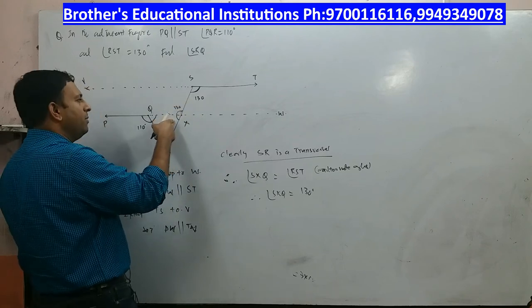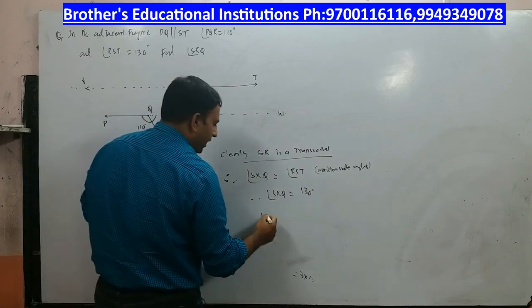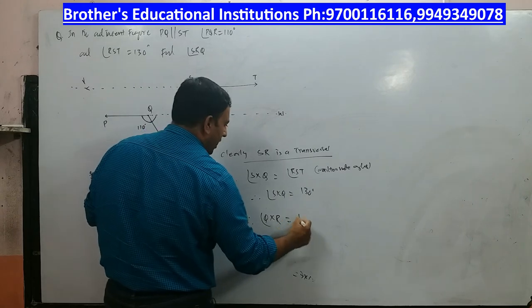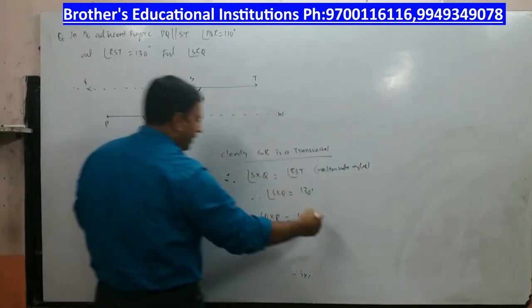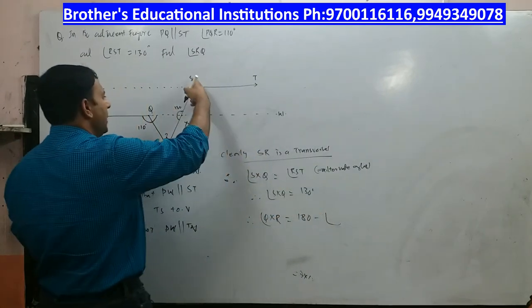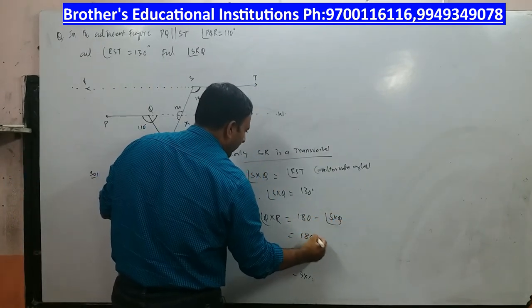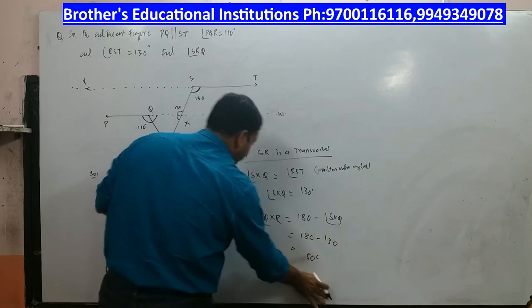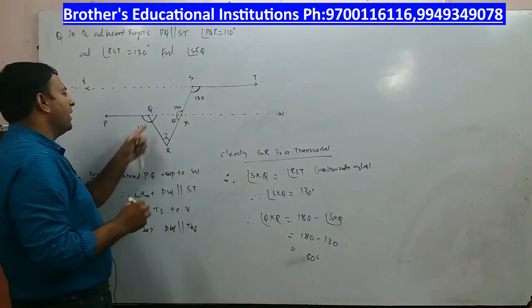Now this angle is angle QXR. Therefore, angle QXR will be equal to 180 degrees, angle around a line is 180, minus angle SXQ, which is nothing but 180 minus 130. What is 180 minus 130? 50 degrees. So you got this angle as 50 degrees.